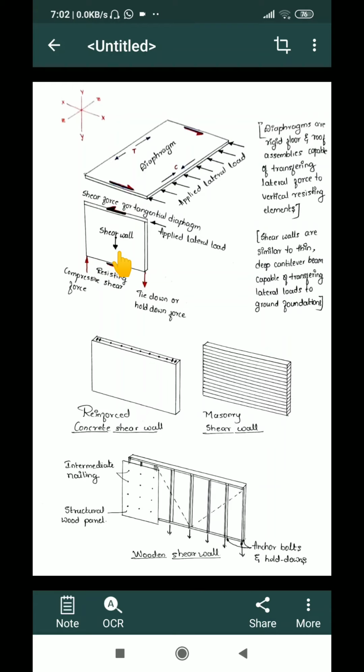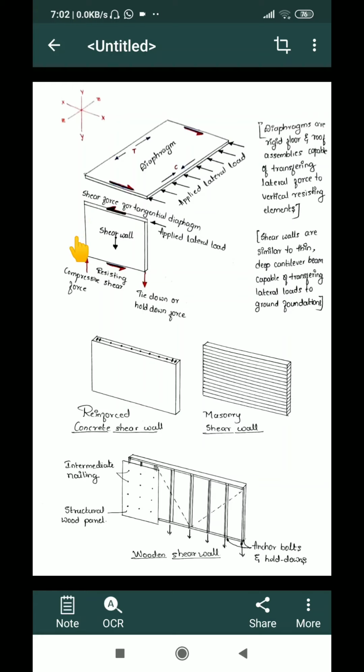By the definition we have seen, these are the vertical structural members which carry the lateral load in the plane direction, or along the plane of the wall. So if you consider this axis system, along this line it is the x-axis, along this line it is the z-axis, and vertical it is the y-axis.